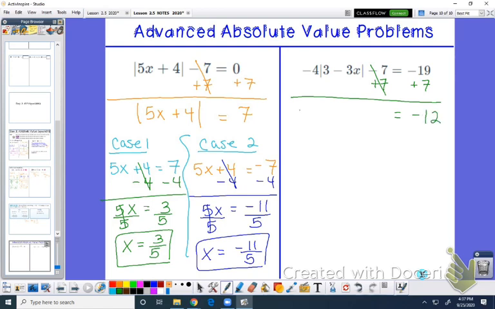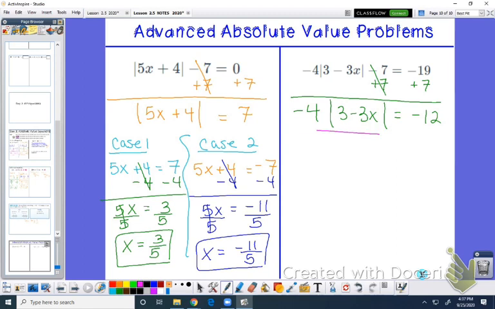Over here on the left, we're going to bring this down. We have negative 4 times 3 minus 3x, the absolute value there. So we are never, ever going to distribute that negative 4. Do not distribute. All right, what we're going to do is get rid of that negative 4 out in front because it's saying negative 4 times that. So the inverse operation would be to divide by negative 4.